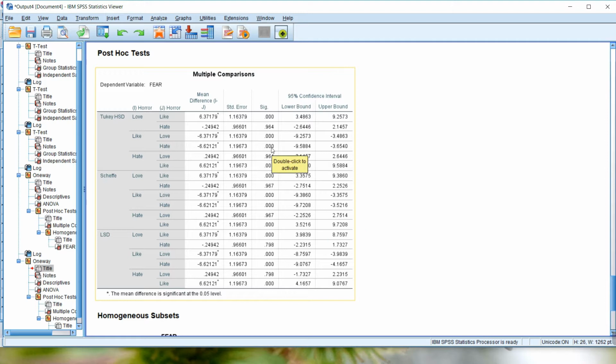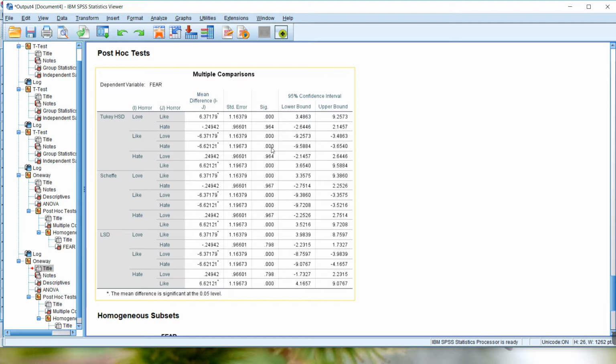So what we've just learned is that if we look at the pattern, what's going on with men when they love, like, and hate horror movies, we saw that basically if you love them or hate them, you're going to report more fear. And the same pattern was observed for the women.